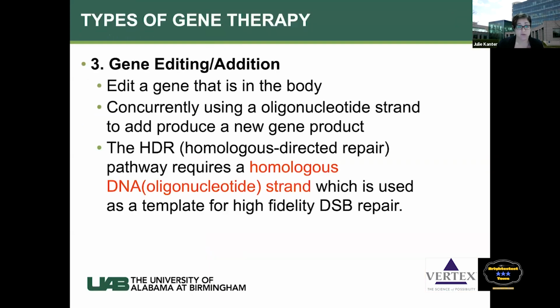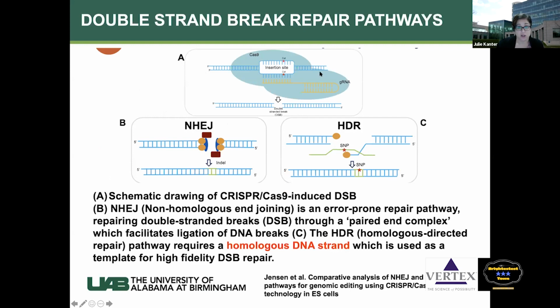However, there's another way of doing this too, where we not only cut the DNA, but actually add in a new piece of DNA at the same time. This is called HDR, or homology directed repair. Very similar to what we just talked about, we use that CRISPR-Cas9 up here, as we mentioned, in that box A, to bind to a very specific site and create that double-stranded break.